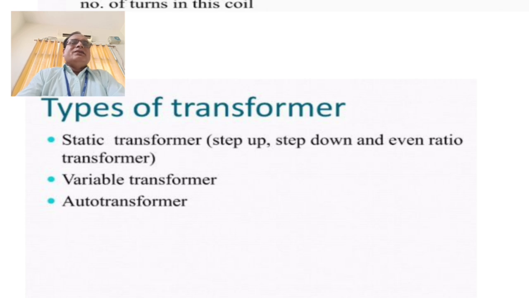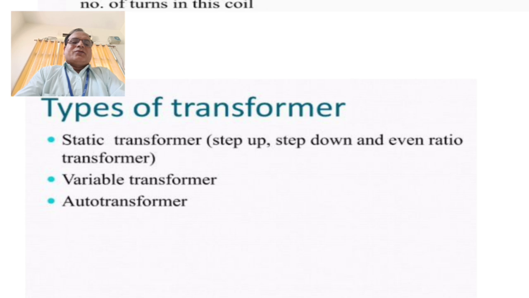Now, the efficiency of the transformer. The efficiency of the transformer is always greater than the efficiency of an electrical machine. It is always more than 95% or 92%, but the efficiency of an electrical machine or motor is between 85 to 90%.